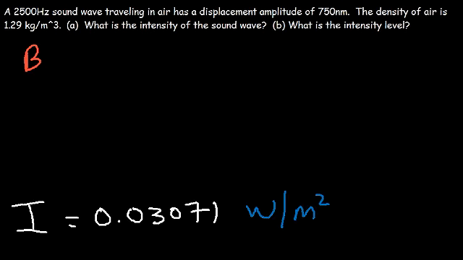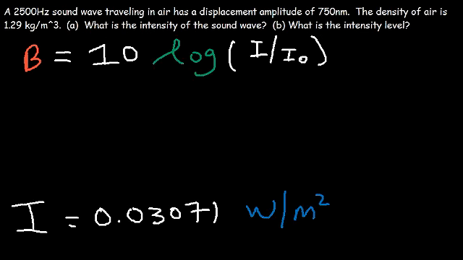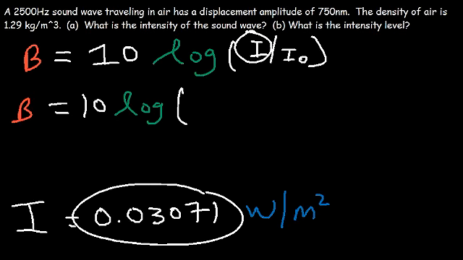The intensity level in decibels is basically just 10 times the log function of the intensity divided by the reference intensity. So all we got to do is replace I with this number. The intensity is 0.03071.